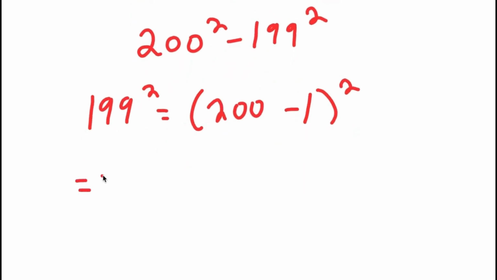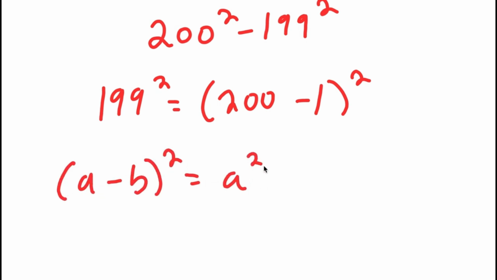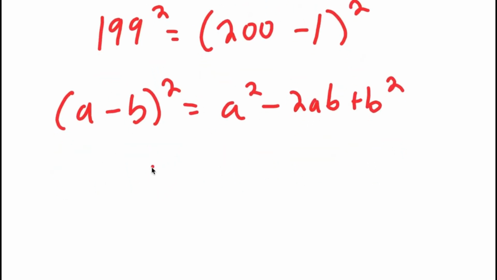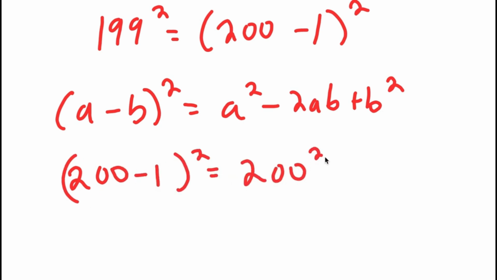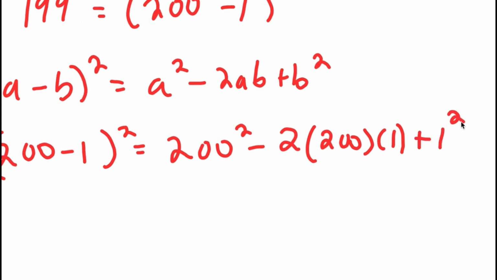So now, if I have something in the form a minus b squared, this is equal to a squared minus 2ab plus b squared. So 200 minus 1 squared is equal to 200 squared minus 2 times 200 times 1 plus 1 squared.